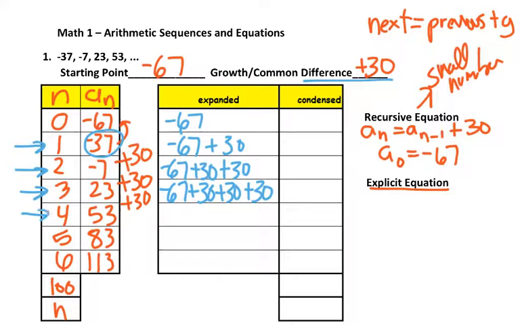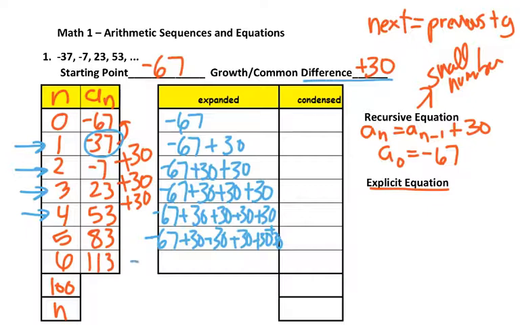Hopefully you see a pattern here. Start at negative 67. How many times are we going to add 30? Hopefully at least one of you shouted out the answer. 4 times. And the fifth term, 5 times, right? I hope I can write small enough to fit them all. Uh-oh.